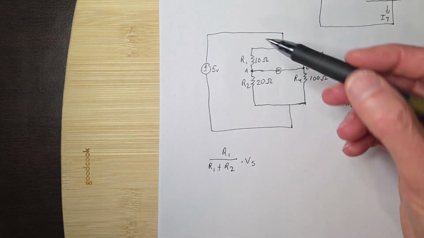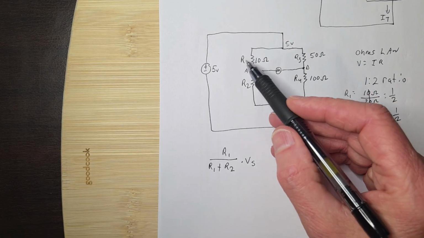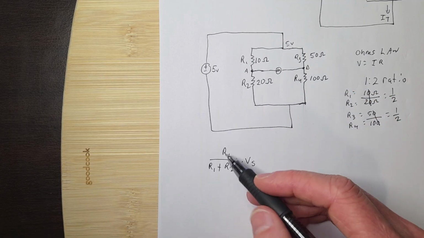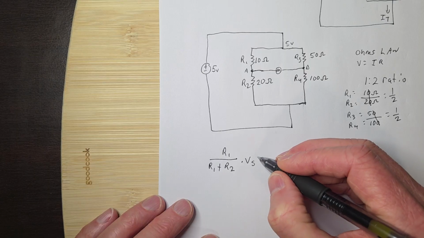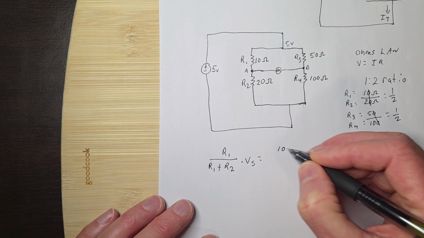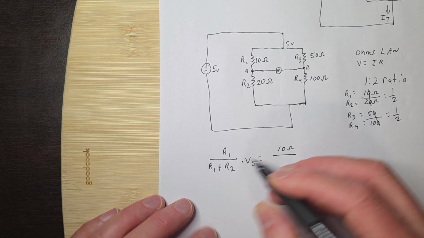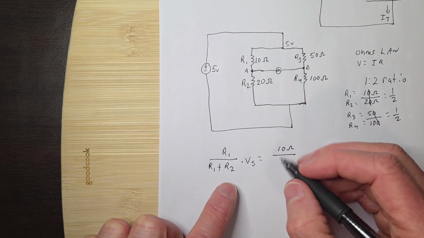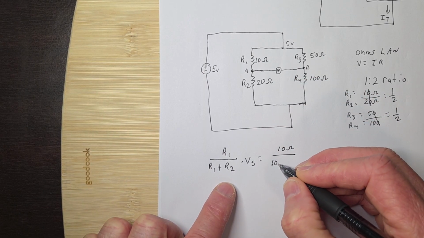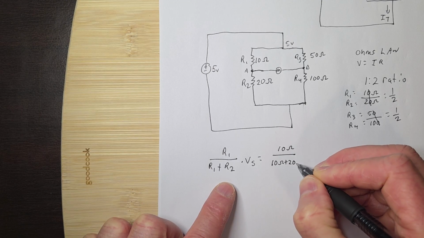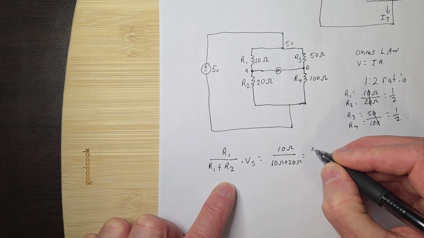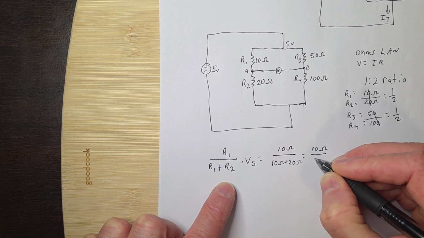We're just taking a percentage. It's all about percentages. The percentage of voltage dropped across R1 is going to be equal to this. So that would equal 10 ohms over R1 plus R2, that's 10 ohms plus 20 ohms, which is equal to 10 ohms over 30 ohms.